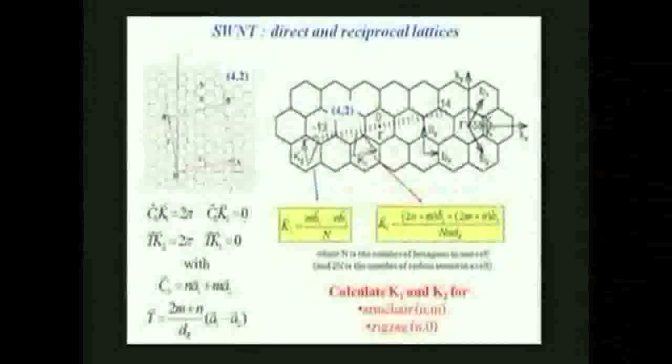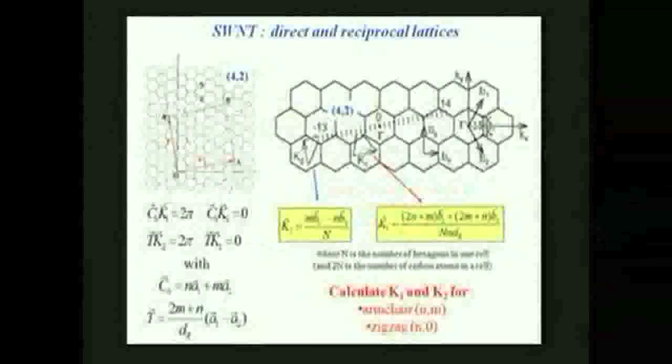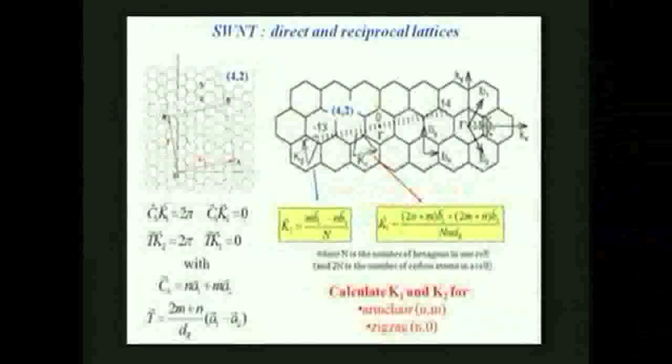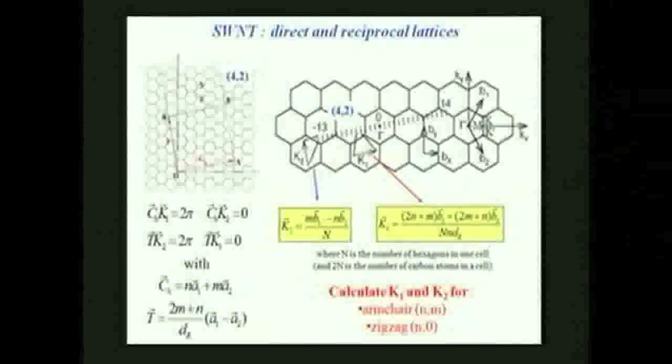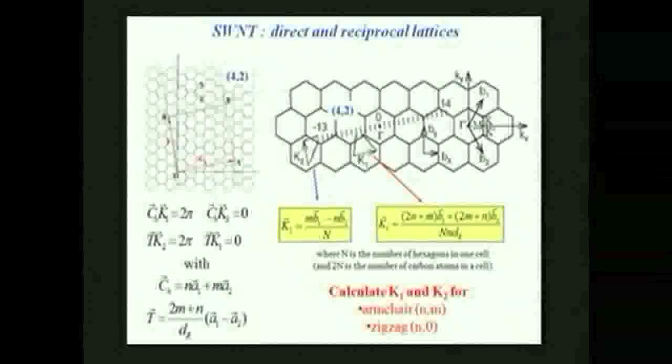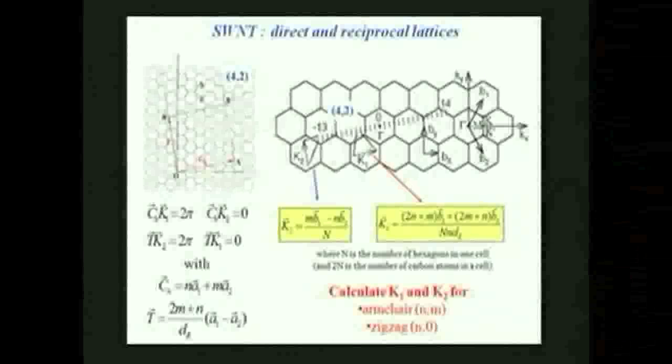So that's quite easy. From this general expression, for armchair and zigzag, we'll just replace n and m by n and n when we work with armchairs, and by n and 0 when we work with zigzag. And this will simplify these expressions.